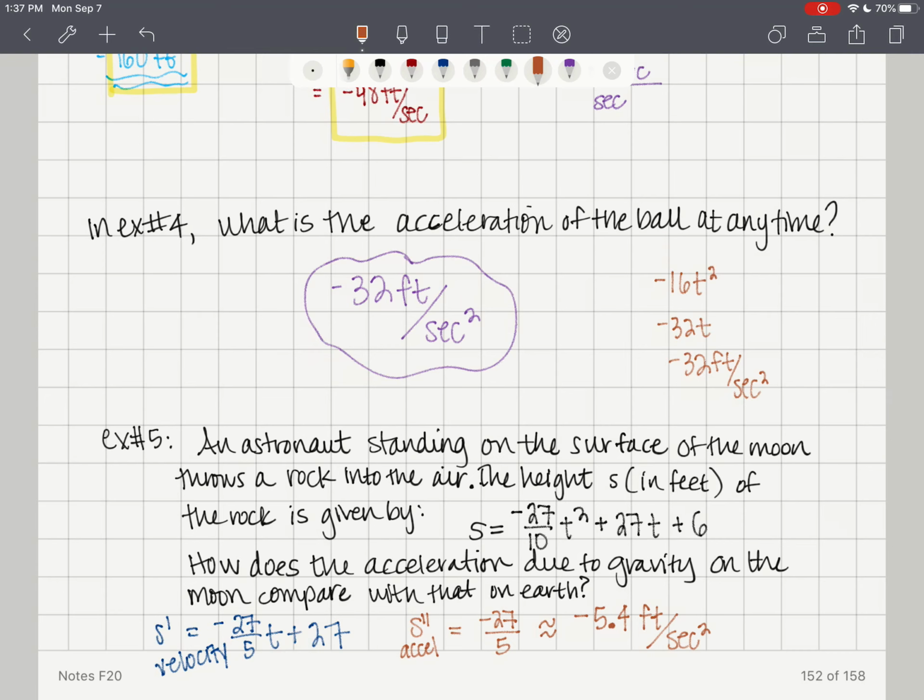So you throw this rock up in the air on the moon, and you're not watching it fall like you do on the Earth. You're watching it kind of float down. And the reason is because we're so used to acceleration due to gravity being negative 32 feet per second squared that it seems like it's floating down to the ground, because on the moon you've got a different gravitational pull.